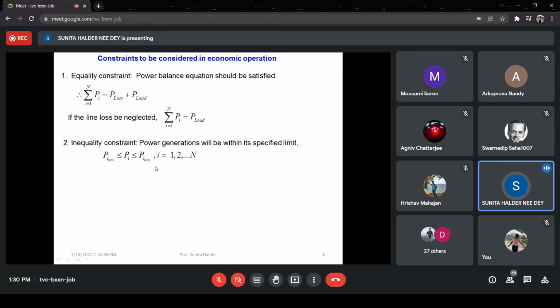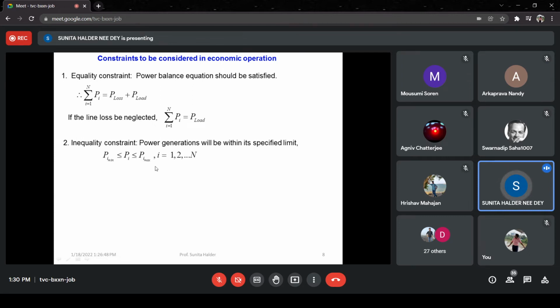Similarly, for any generator, there is a maximum generation limit beyond which we cannot generate because it has a capacity. Whatever economic generation schedule we find out, it should be within the minimum and maximum generation limit of a generator.